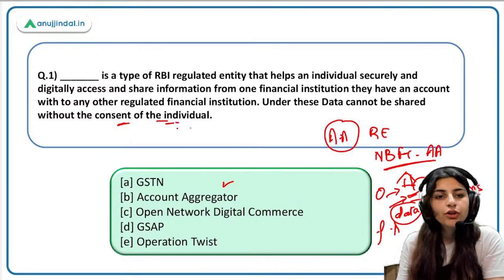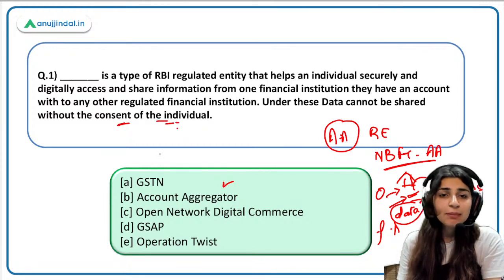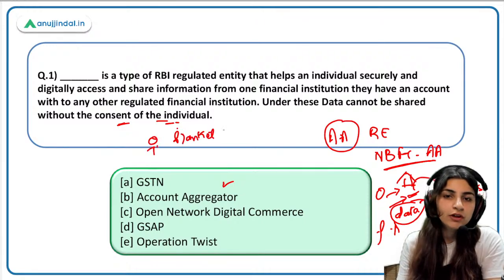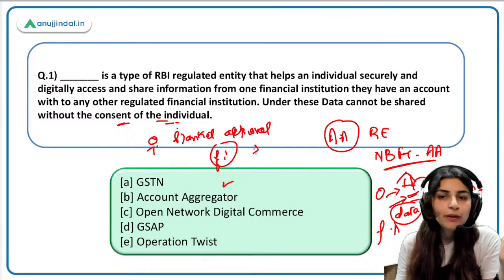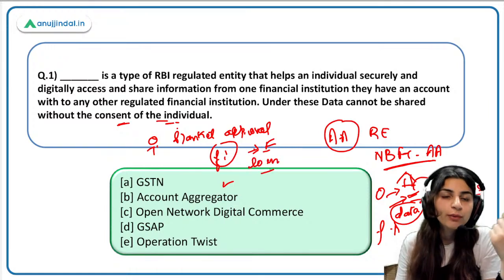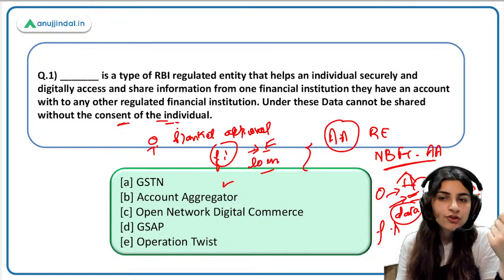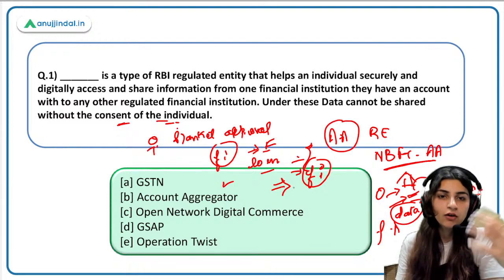So earlier, इससे पहले क्या होता था, एक blanket approval, an umbrella approval मिल जाता था, that all the data related to you from a financial institution, for example, आपका किस बैंक में अकाउंट है, what are the transactions taking place in that account, or if you have taken a loan, all this information could be transferred to any other financial institution in need of this data.